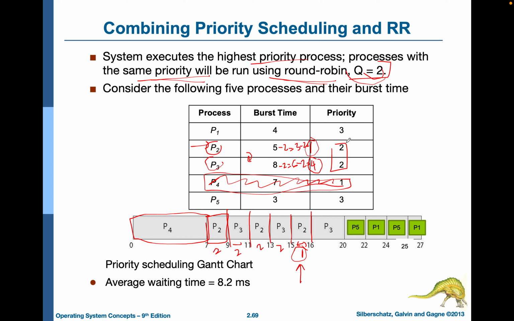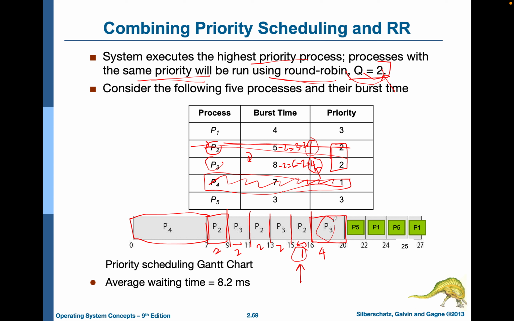After we finish the same quantum, you can see P2 is already finished. So directly it will do P3 now, 4 cycles. It's not going to consider P2 anymore because P2 is already finished, so no quantum 2 anymore.